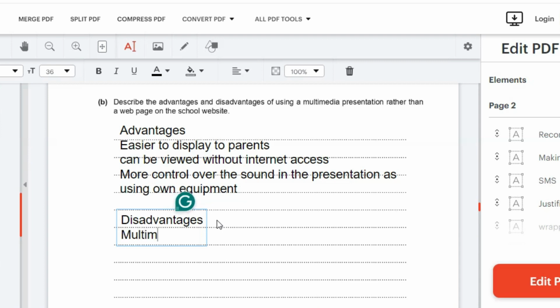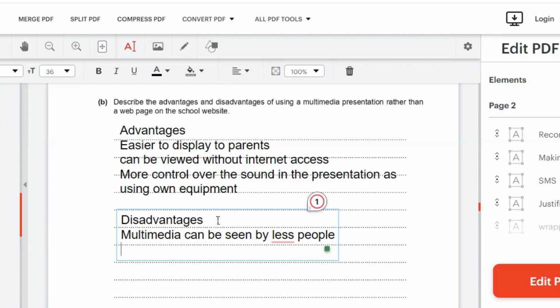Two, multimedia is more expensive to produce than a web page.